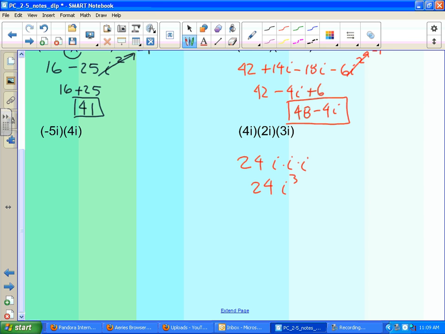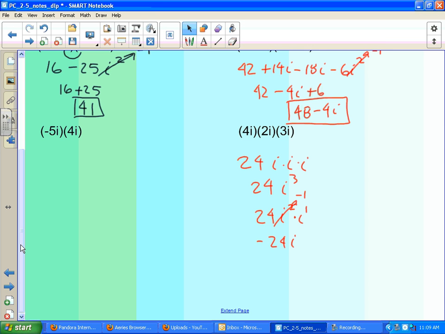Maybe you look at this and you go, I don't know i cubed, but I do know that i squared times i to the first makes i cubed. And an i squared we can change to a negative 1. And now I really have a negative 24 times an i. And that's as far as we can go. Negative 24i.